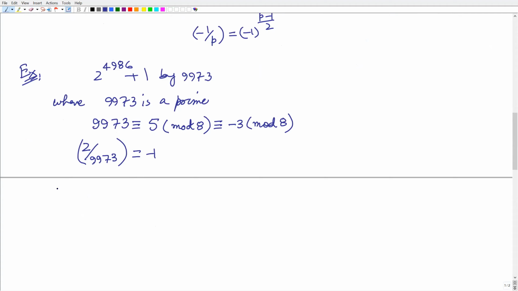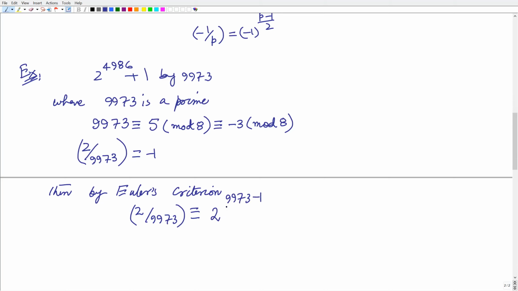Then by Euler's criterion, the Legendre symbol of 2 over 9973 is congruent to 2 to the power 9973 minus 1 over 2.